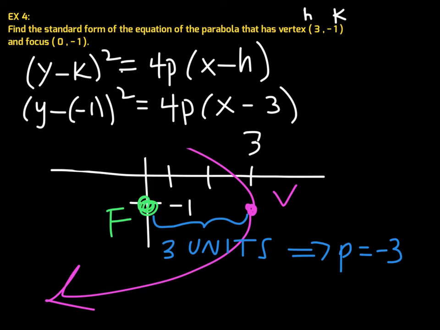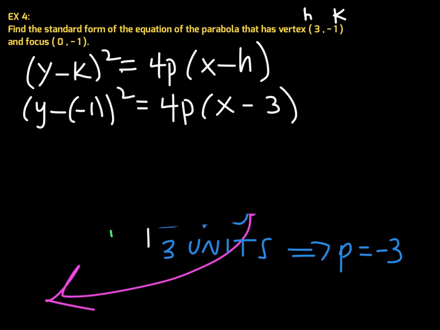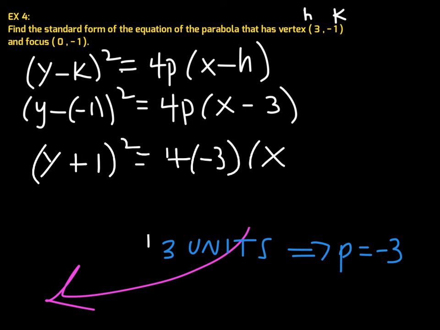So with that being said, I can finish off the standard form for this equation by plugging in -3 for p. All right, so I have y plus 1 quantity squared is equal to 4 times -3 times x minus 3.